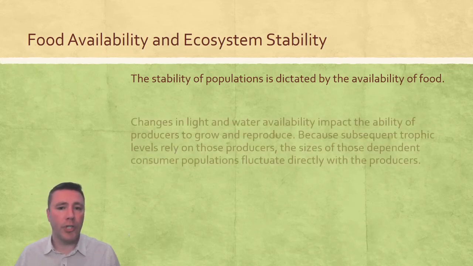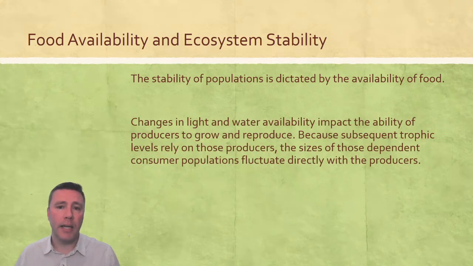So if there are changes to the amount of light and water available for producers, that means that everything those producers support in that ecosystem is also going to be affected. Those subsequent trophic levels rely on those producers, so if the size of a producer population changes, that's going to influence the size of consumer populations as well.